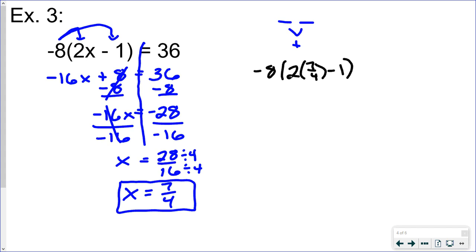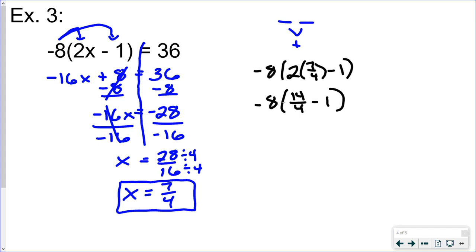All right, so 2 times 7/4, that would be 14/4 minus 1. You can distribute here, or you can do 14/4 minus 1. Do it either way.